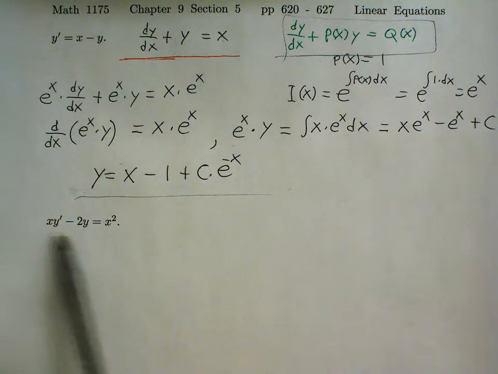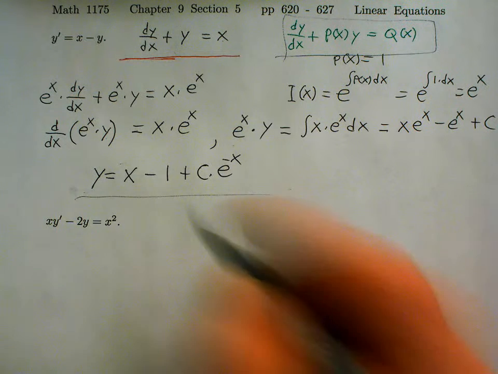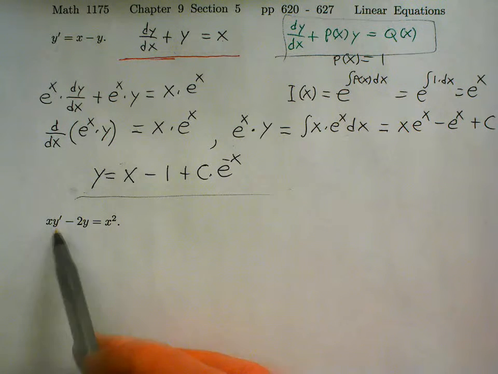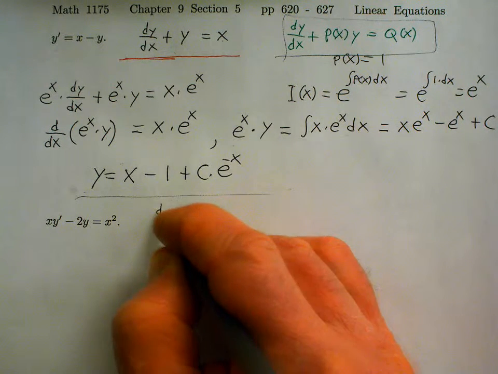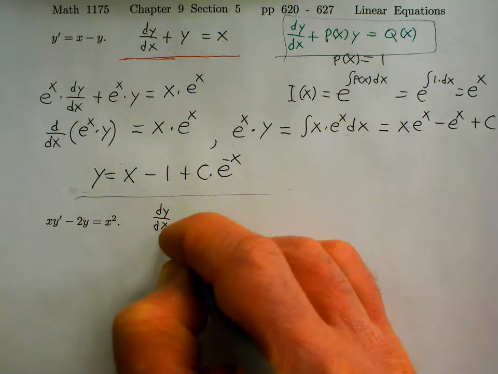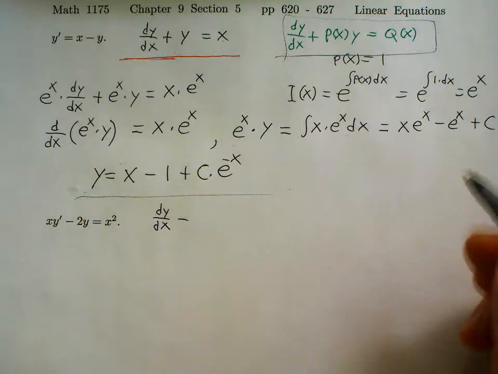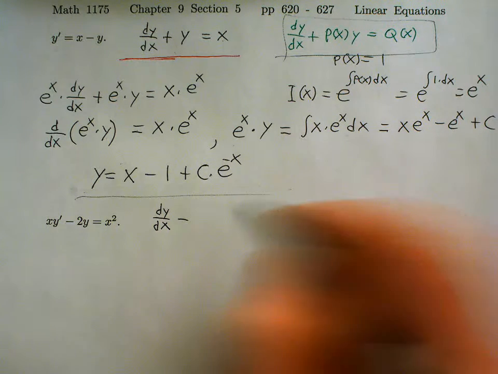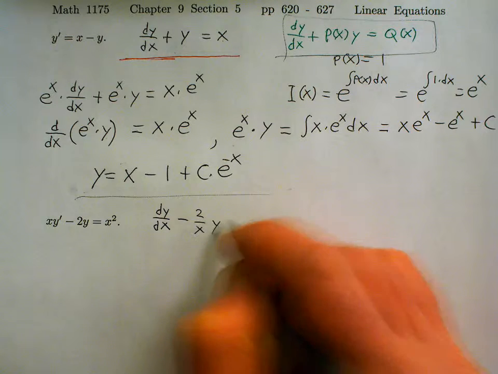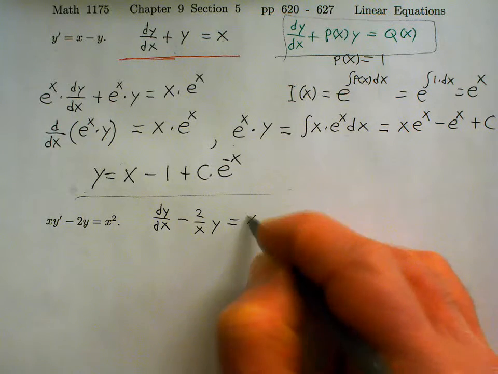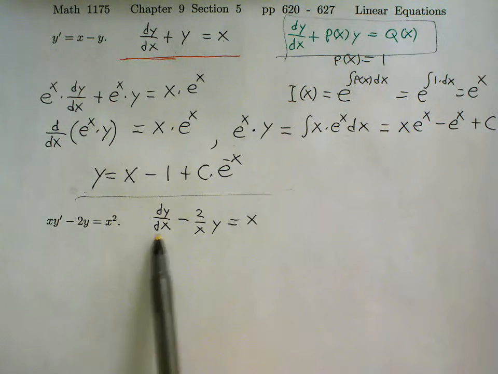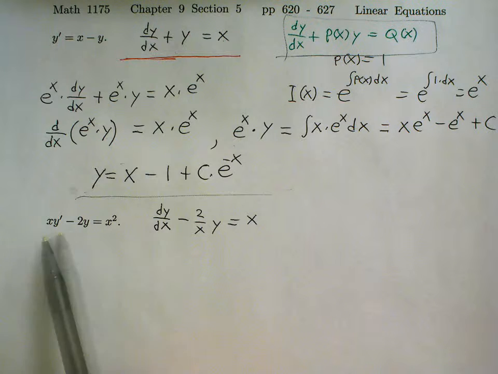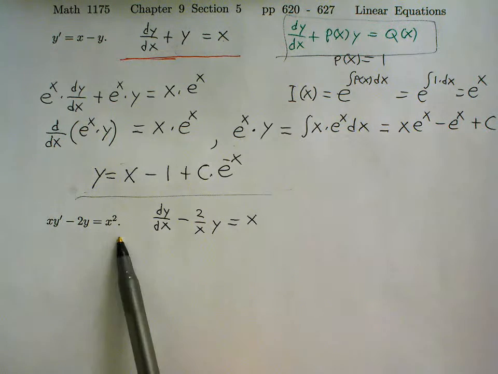So if we divide every term on both sides by x, and I'm going to replace y prime with dy/dx again, we get dy/dx minus 2 over x, y equals x. This is what we get when we divide every term on both sides of this equation by x.